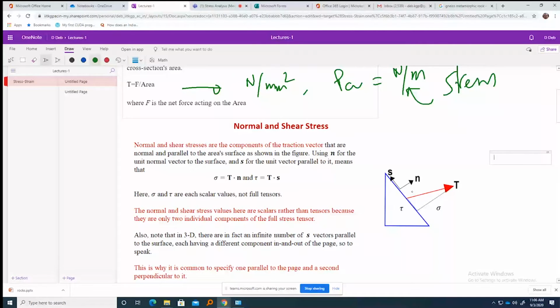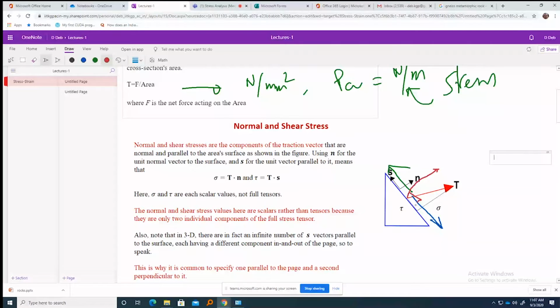Okay, in 2D it may be like that. That is the shearing, or the shear stress, or shear force. And normal will be perpendicular to this. This will be 90 degree.